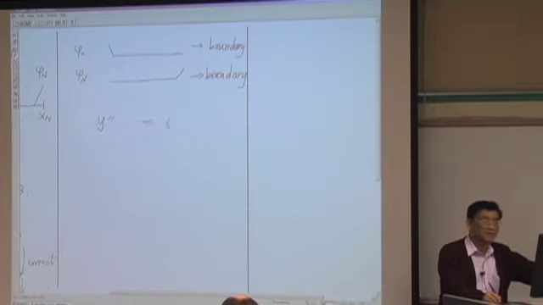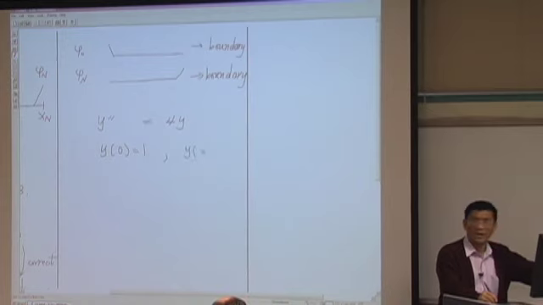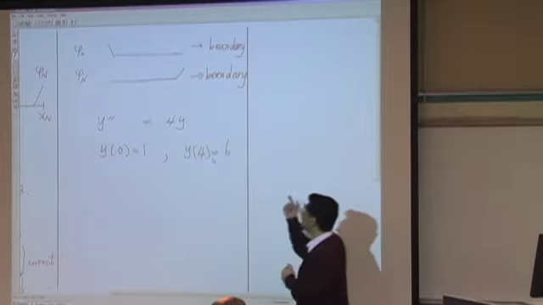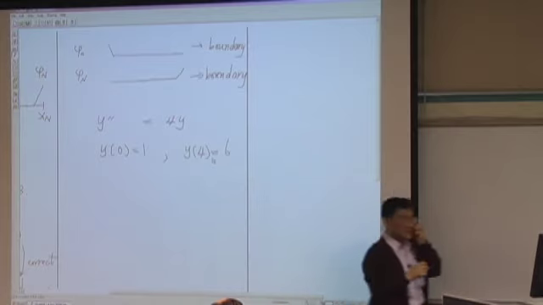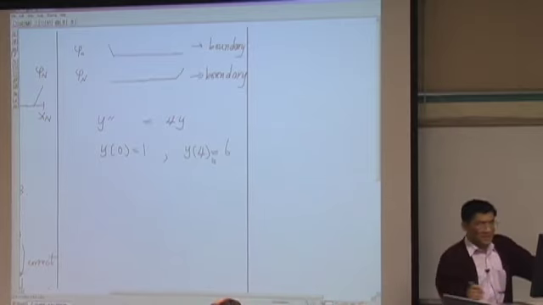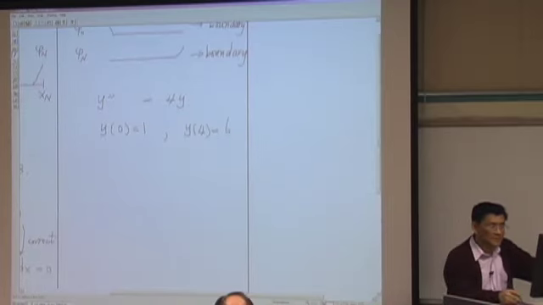Then we wanted to solve this problem with y of 0 is 1. And in my opinion, I didn't use 1. I used some other number. 6. So this is the one we want to solve, right? So let's try to solve it. Then we should create the functions like these.